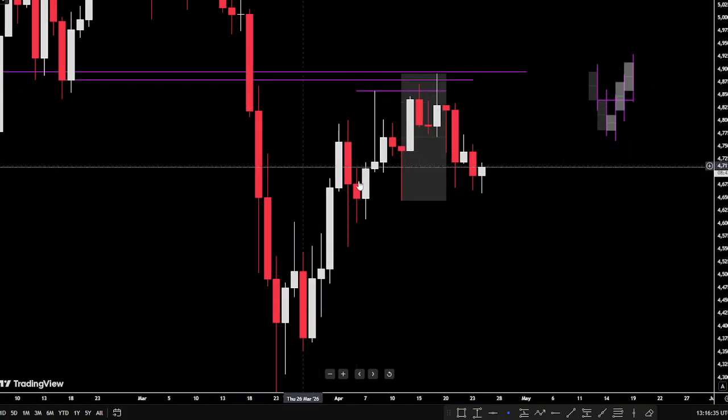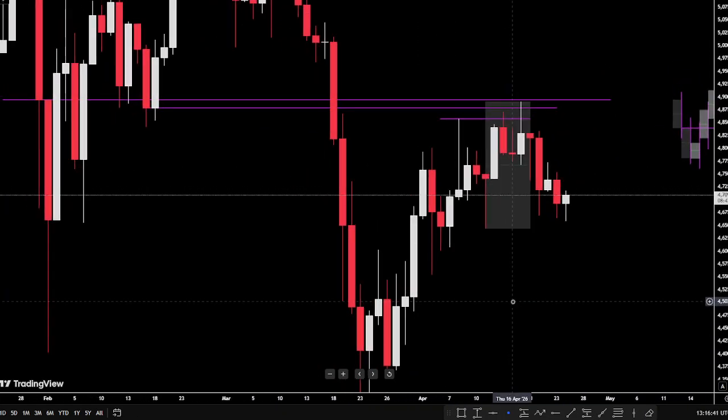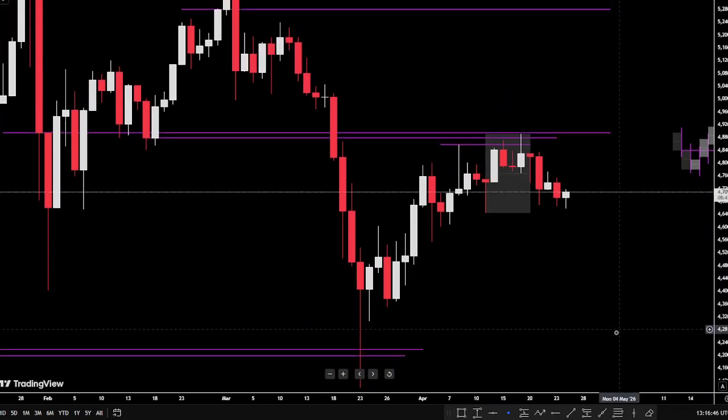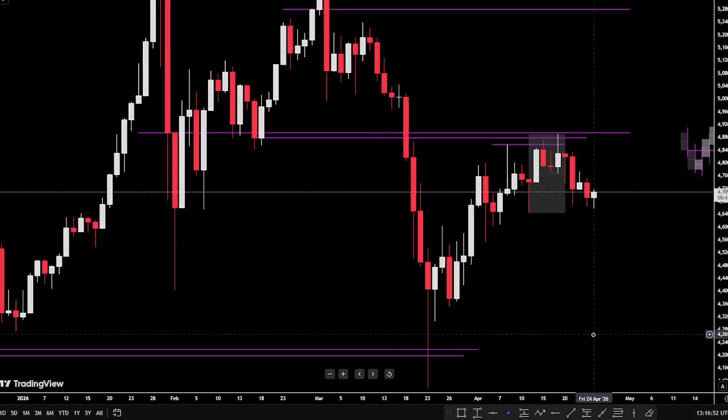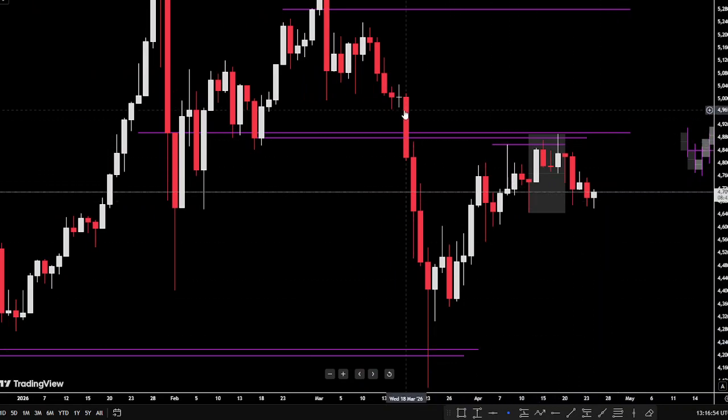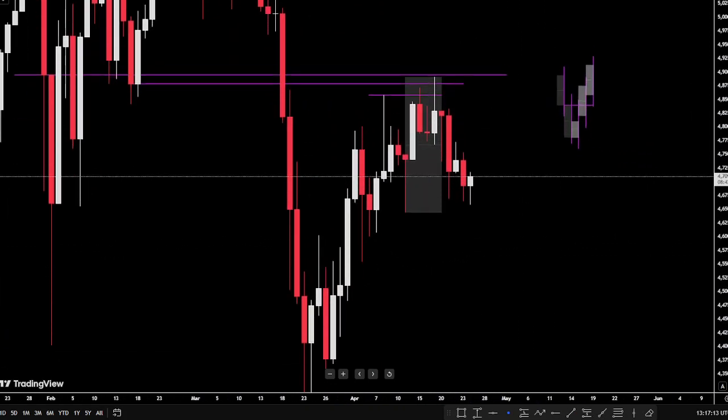Okay, and one thing you should also take note of is that you have to be very particular about some details, right? Also notice that we had a fair value gap here, okay, and then we had a key level here, and so all these things are more or less pointing to the fact that this place should be respected.